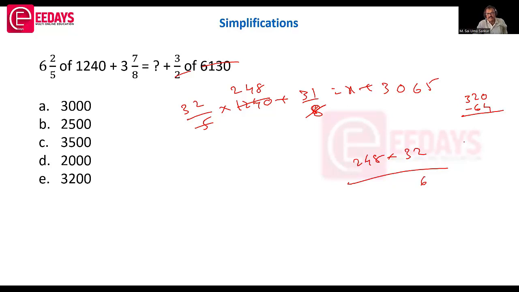Okay, 6 is there and 25 is there. 32 into 4, 68, 136, 151, 5, 15. This is 64 plus 15. That equals 79. So 79 minus 16 minus 3065. This is equal to 1 and this is equal to 5 and this is equal to 8 and this is equal to 4.